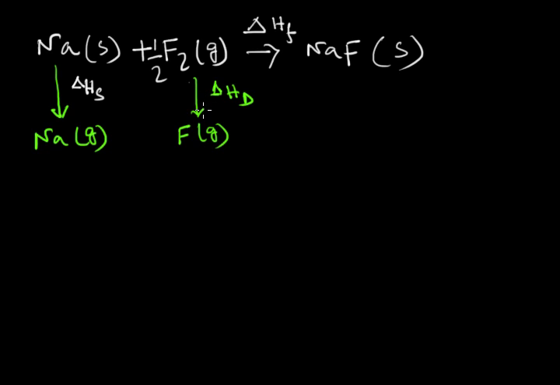If complete dissociation of F2 occurs, two fluorine atoms are formed; to convert an F2 molecule into one fluorine atom, half of the dissociation energy is required.